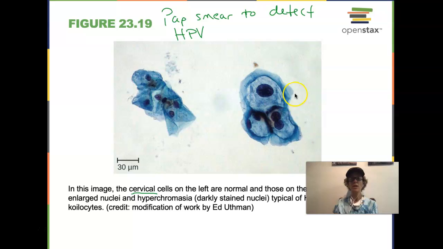The ones on the right have been infected with human papillomavirus, and this one is just really enormous. The cells should not be that big. These two cells are not in the active process of dividing, and yet they have two nuclei. That is an indication that there has been alteration of the DNA by the HPV infection, and that interferes with the cell cycle.